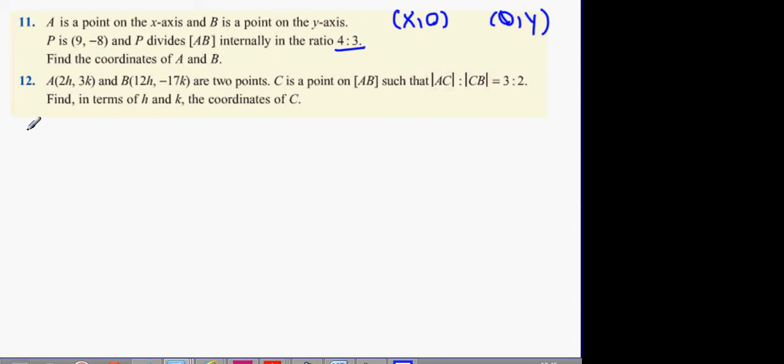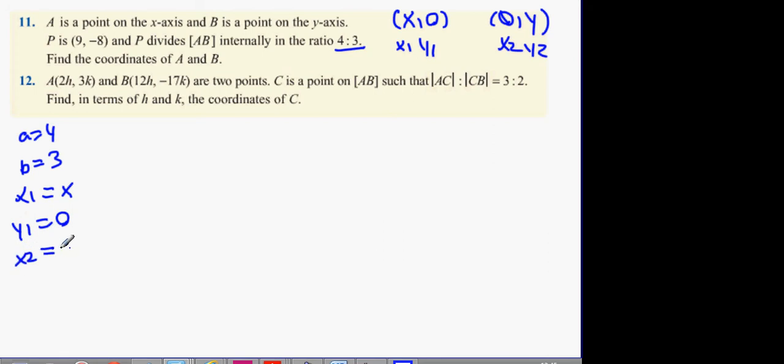Find the coordinates of A and B. A equals 4, B equals 3, x1, y1, x2, y2. x1 equals x, y1 equals 0, x2 equals 0, y2 equals y.